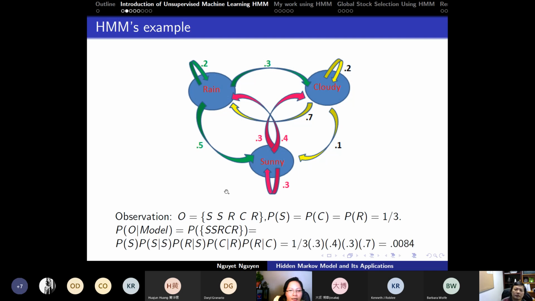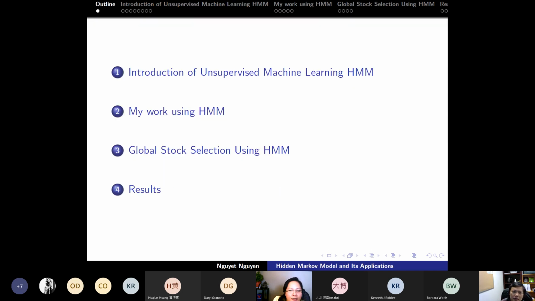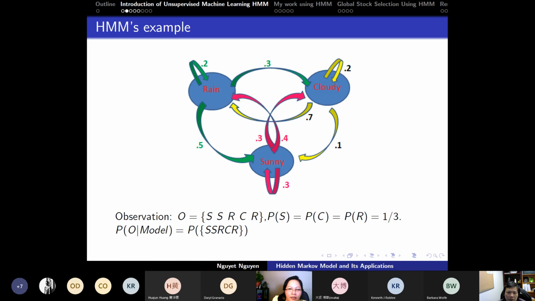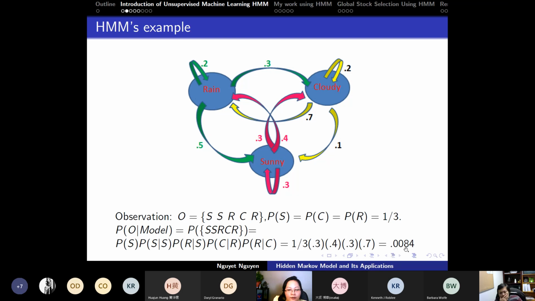And it depends on the function that you choose. The function for the distribution you define from the hidden state to the observation is a factor that determines if the algorithm will run faster or slower, or even not converge. You can see that with only 3 states and 5 observations right here, we have the probability 0.0084. It's really small.